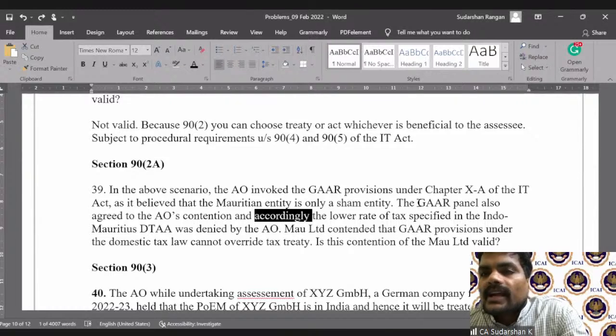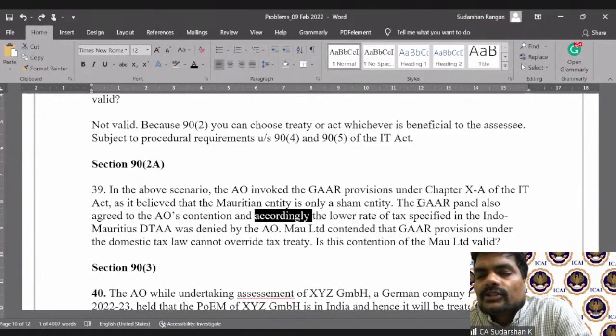Now, this GAAR panel, General Anti-Avoidance Rules panel, is a very neutral panel, unlike your other panel. Because in GAAR, the panel is one income tax officer, one academic, and one from the legal community. So you will have a diversified group. This was recently introduced.